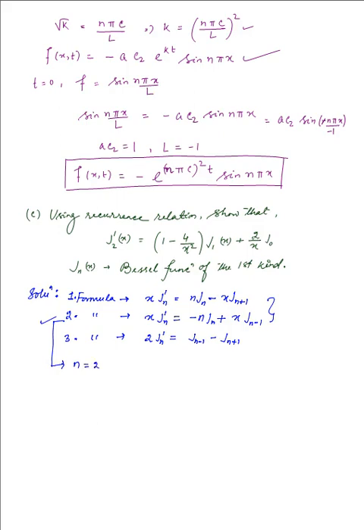Putting this as 2, what we get is x J2 prime equal to, on the right hand side, minus 2 J2 and then plus x J1. We can divide this by x, of course. So J2 prime will be equal to minus 2 over x J2 plus J1.